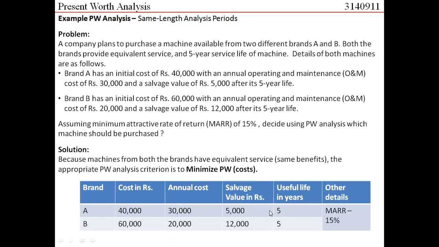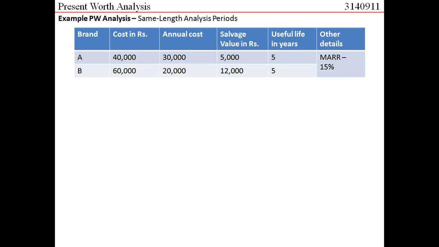And the useful life of both is the same. Certainly it would be, because we are talking about same length analysis period examples. It means that the useful life of all alternatives would be the same, and my analysis period would also be the same as the useful life. The other detail given to us is the interest rate, which we are supposed to consider to be 15%. So considering this data, let us find the present worth of cost, because we are supposed to minimize this. What is the present worth of cost for brand A and brand B?